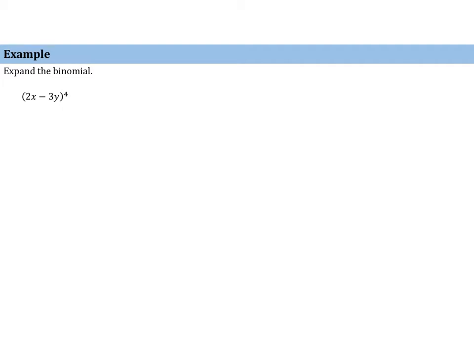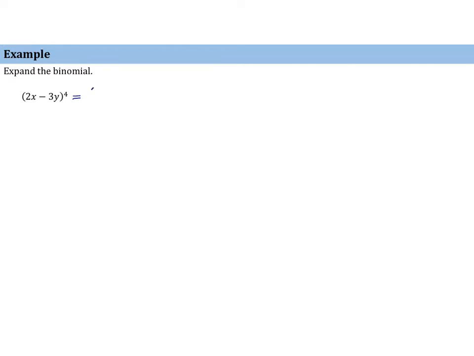Now let's look at a more complicated example. In this example, our terms are 2x and negative 3y. Why is it negative 3y? Well, if you remember in our very beginning slide, we had a plus b to the nth. We always want that addition.